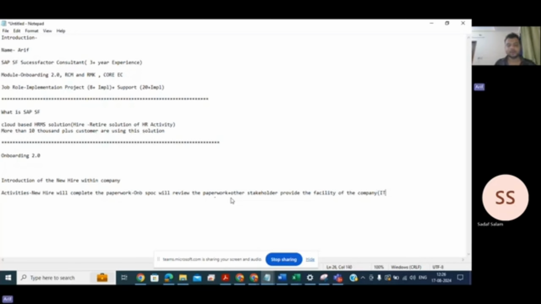IT equipment, which includes laptop, desktop, phones, mobile, whatever the company is giving, the ID cards. These will all be provided during the onboarding phase only. These are basically what we are going to provide, plus other onboarding tasks.